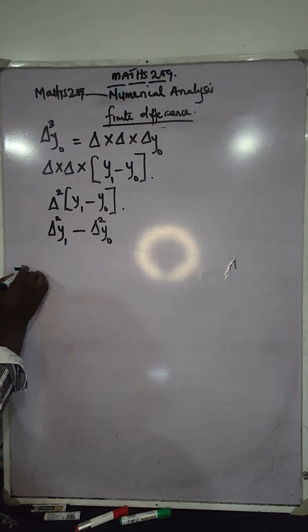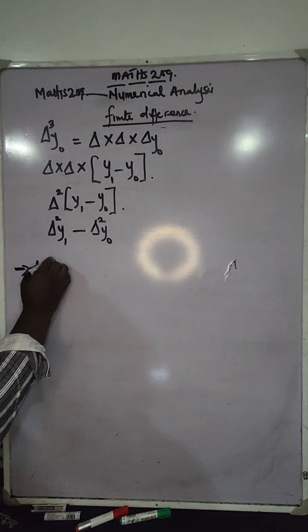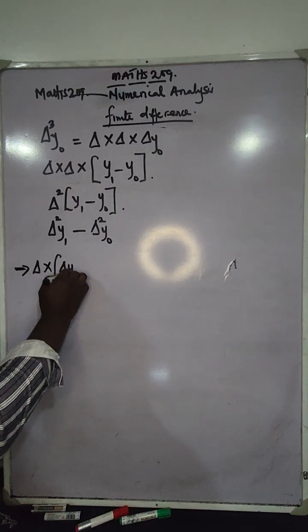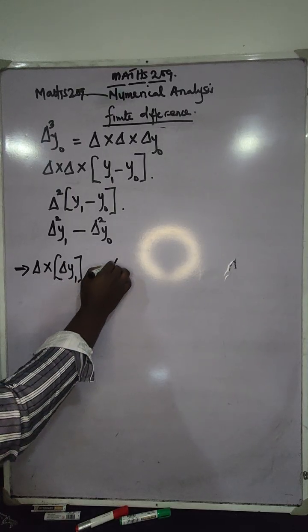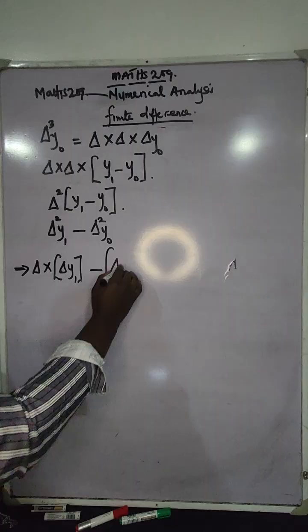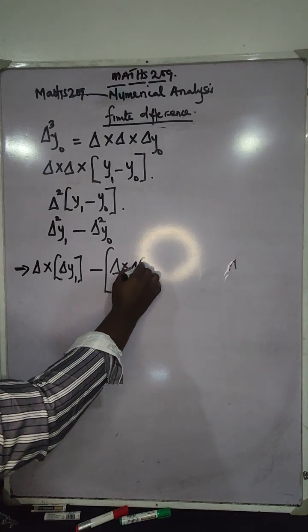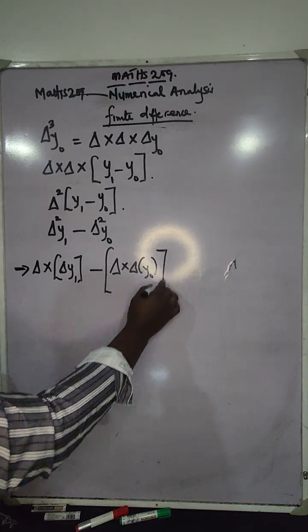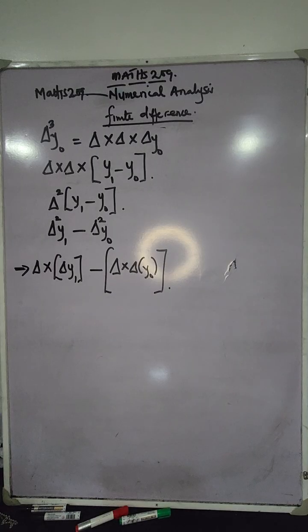This is simply saying the forward difference multiplied by the forward difference of y1 minus the forward difference multiplied by the forward difference of y naught. Did you see that? So we are just simply breaking them down.